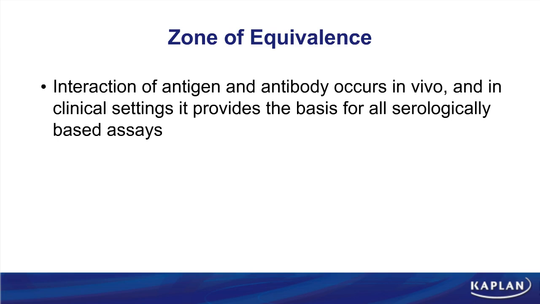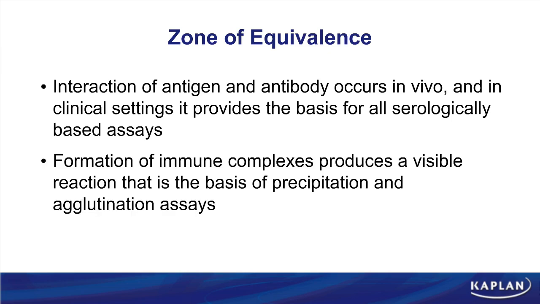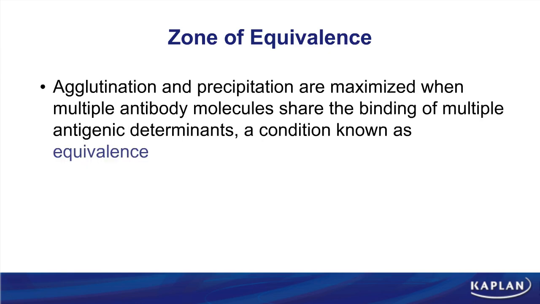When we have the equivalent amount of antigen and antibody, we form immune complexes, and we often refer to that as the zone of equivalence. When the concentration of antigen and antibody are approximately the same, that maximizes the agglutination or precipitation, because these complexes tend to fall out of solution.